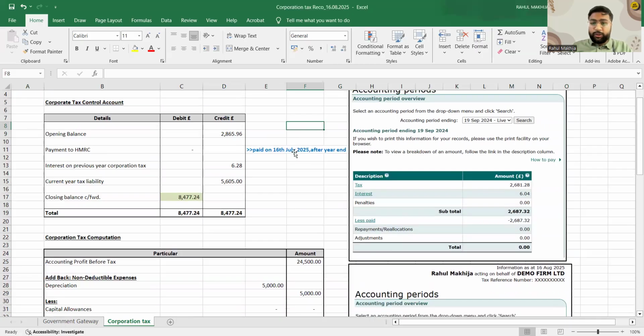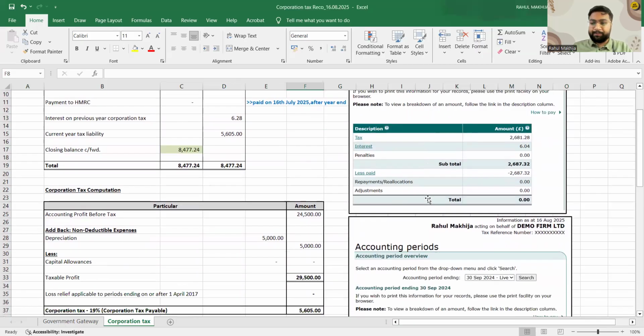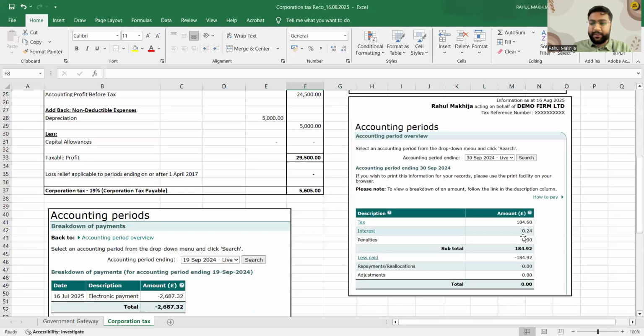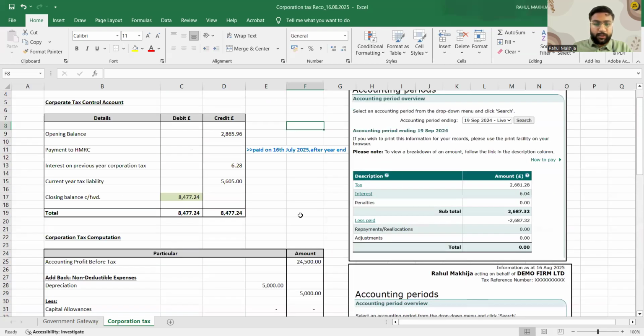So that is the interest which we are liable to pay along with our corporation tax liability. Okay. So for the first period of corporation tax return, our interest is 6.04, and for the second period 0.24. So we have accounted the interest as 0.24 plus 6.04. Total interest on previous year corporation tax is this.